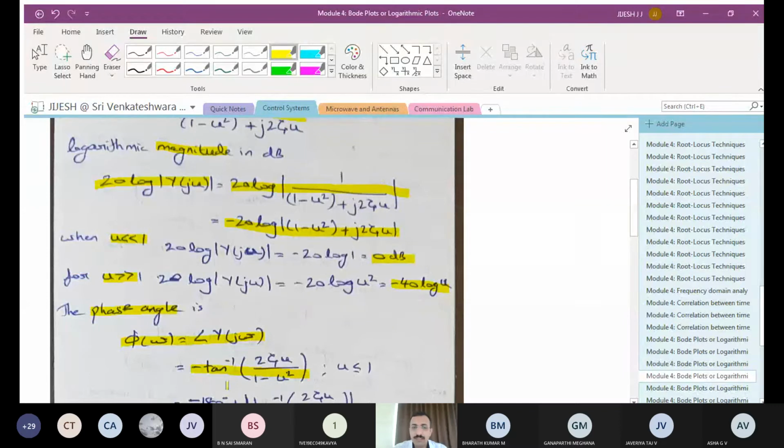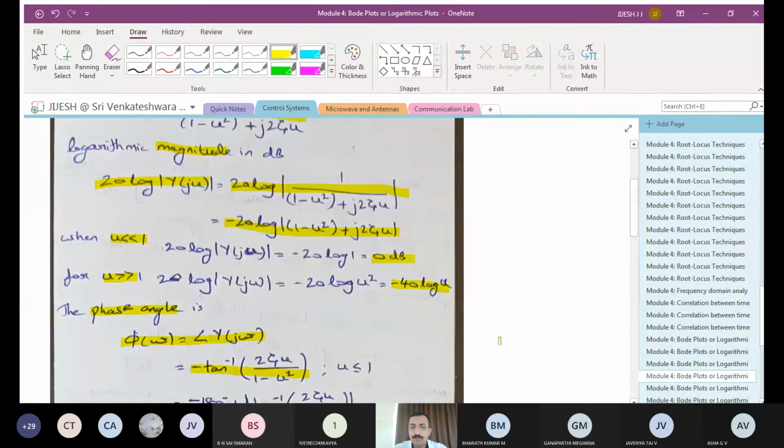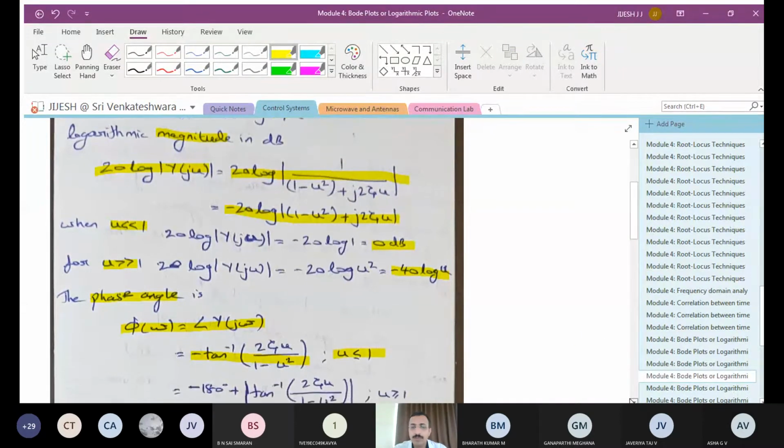You should understand where we are writing all these things from. We studied in the first class the summation of tan inverse of omega T i minus n, and based on this equation we are writing all these things. So here you get minus tan inverse of 2 zeta u divided by 1 minus u square, for u less than or equal to 1.